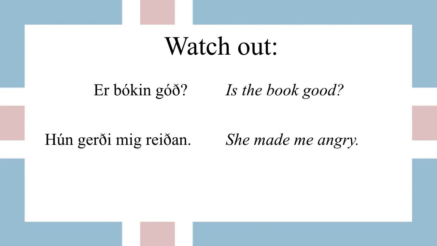And the rule here, this is kind of advanced stuff, is that if you have one noun making another noun into a different kind of adjective, then the adjective is going to match the case of the object of that sentence, and it's also going to be the strong form of the adjective. Reiðan is the accusative masculine singular form of reiður.